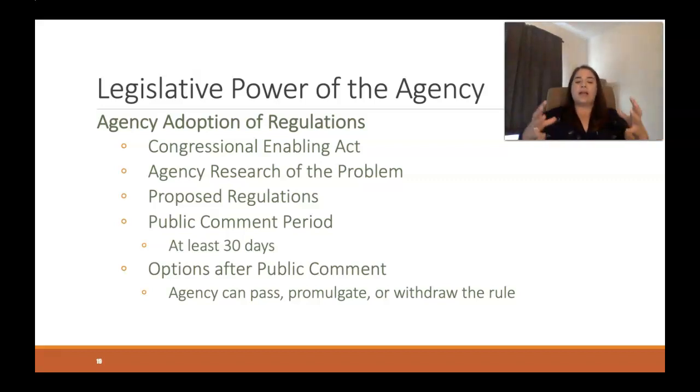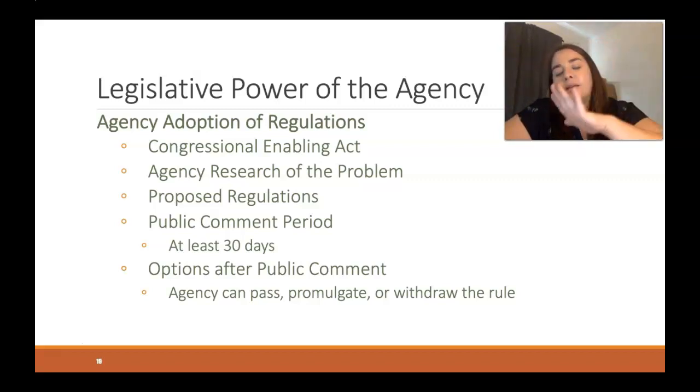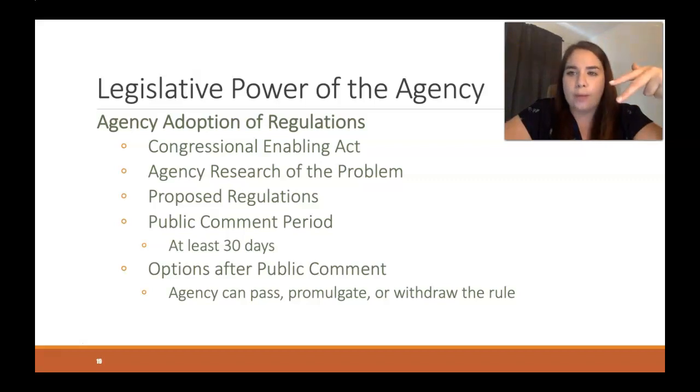Then, once that agency exists, additional enabling acts can be passed by Congress to increase the scope of that agency, to specifically identify an area where Congress feels regulations are necessary. So once those enabling acts are passed, the agency begins to research the problem. So again, smartest people in the room giving us the smartest solutions to the problems that we have. They create, and then propose regulations for that problem, okay?